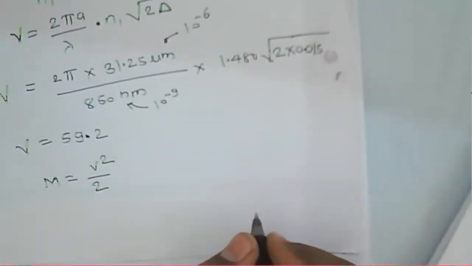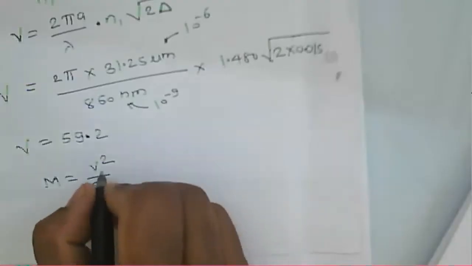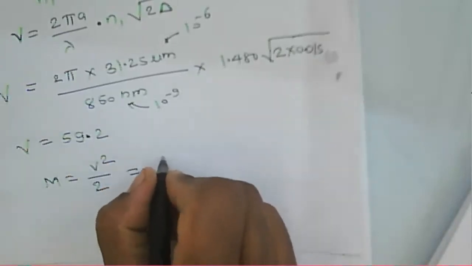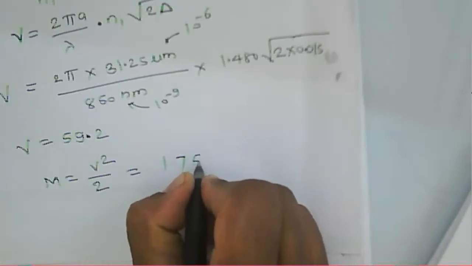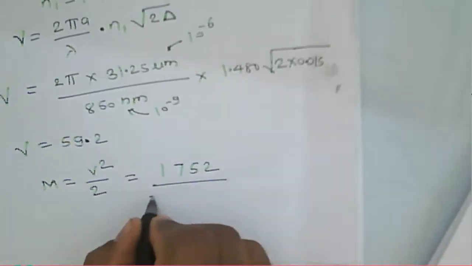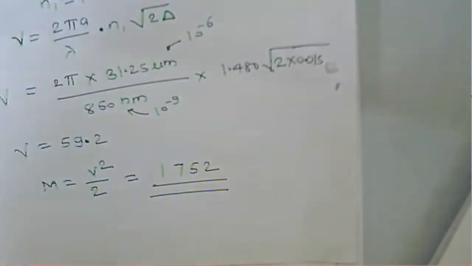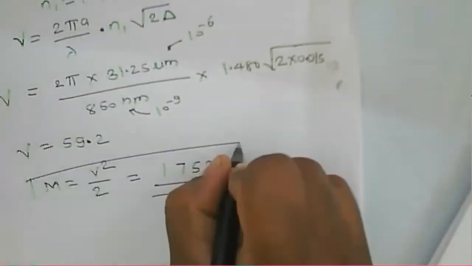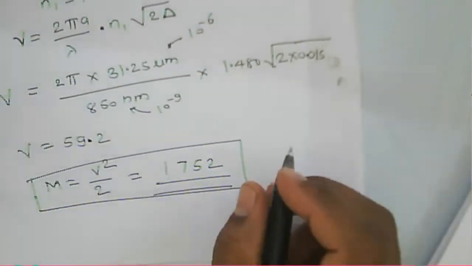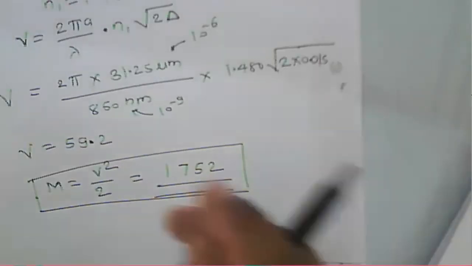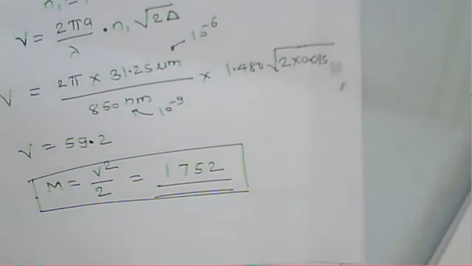V we know is 59.2, so we'll get 1752. That means 1752 modes are supported by this multimode step index fiber. M is the number of modes supported by this particular fiber.